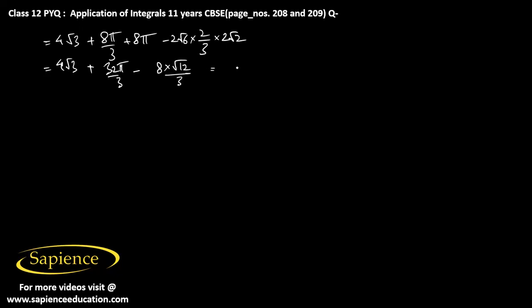So that is equal to, suppose 3 is the LCM, 12 root 3 plus 32 pi minus 8 root 12, but root 12 I can write as 2 root 3. So this is 32 pi minus 16. So 12 minus 16 is minus 4 by 3.